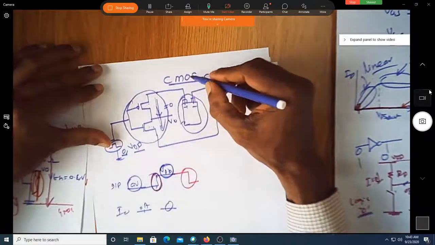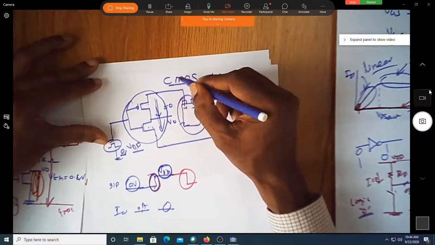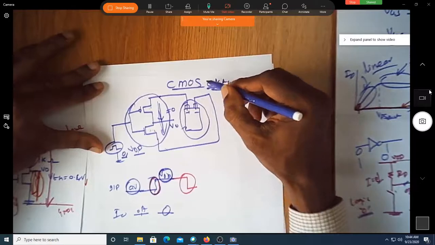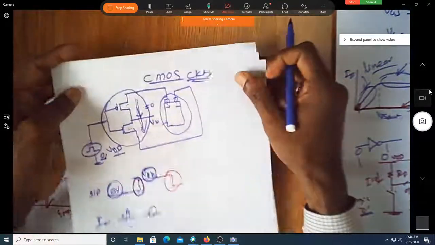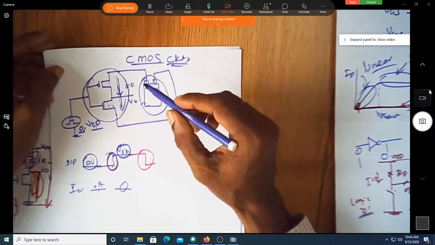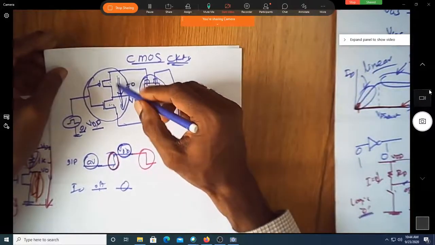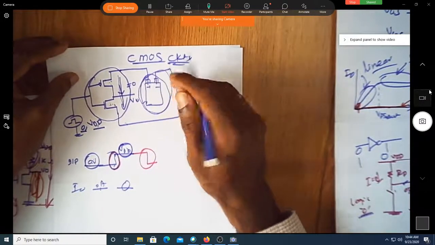So complementary MOS circuits. C stands for complement. Complementary MOS circuits will always have NMOS and PMOS. They are preferred in the VLSI industry because they will ideally have zero power dissipation for the batteries. Batteries have to last long.